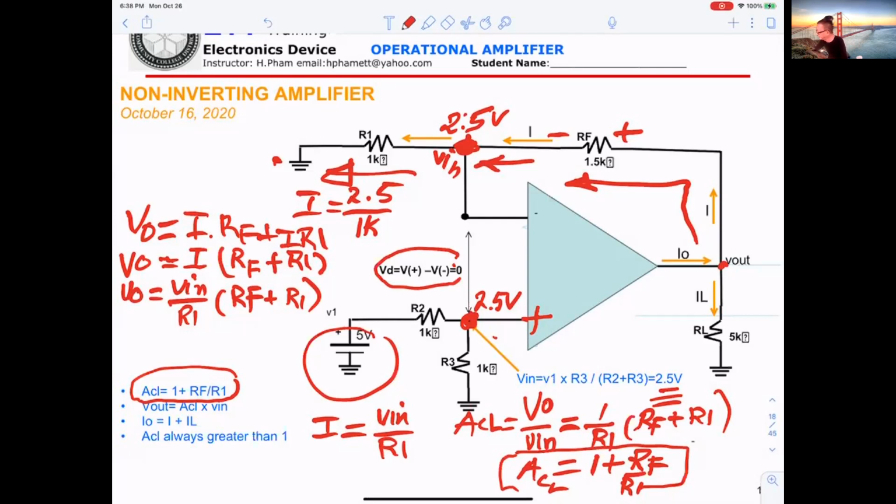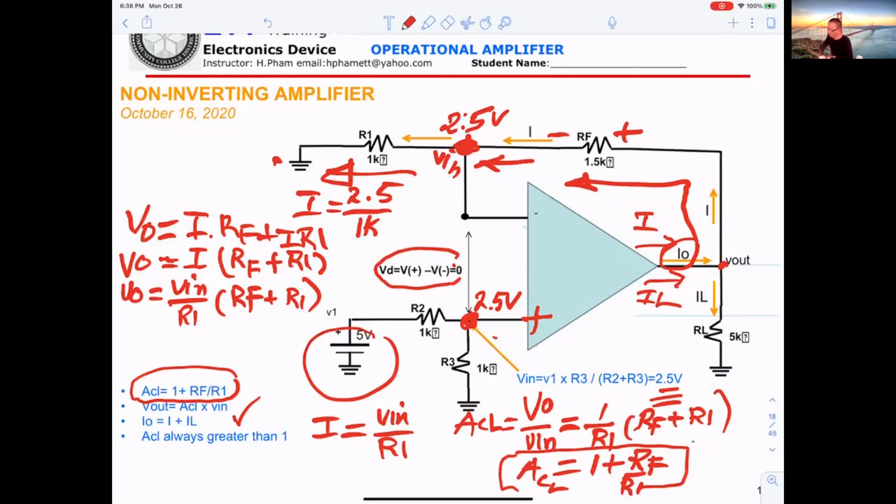Now you can see the current here: basically one current is coming out, I, and another current goes to the load, I load. So the output current of the op amp will be equal to I plus IL. That's everything covered in here.